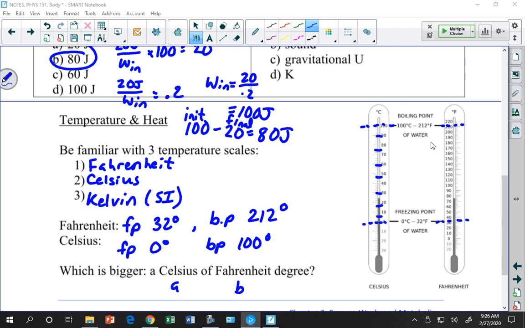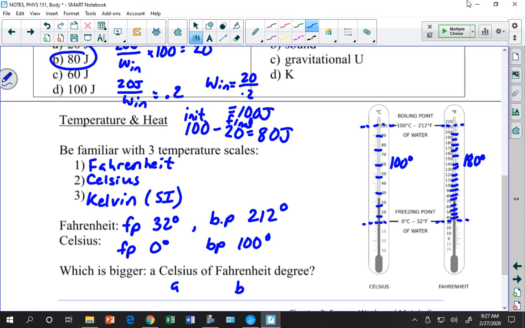Those Fahrenheit tick marks are just squished together a lot more because I have more of them. I have 180 degrees between those, and I only have 100 degrees on the Celsius scale.